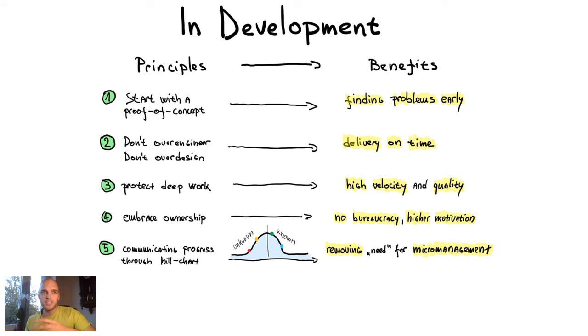ShapeUp, or I would say in general Basecamp, those guys are all about protecting people's focus, deep work, or being in the zone, and you should try to do it in the cycle as well. So in ShapeUp, when you are in the development cycle, there's no planning meeting, because you have the plan, right? For 6 weeks, you know that you need to deliver this.